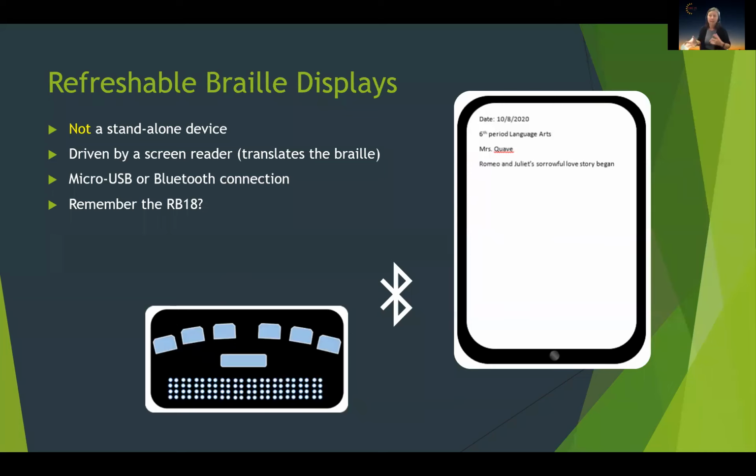So there's a variety of ways that a refreshable Braille display can work. And again, the screen reader translates the Braille. There's no internal translation happening on a purely refreshable Braille display. It has either a micro USB or Bluetooth connection. So there may be some devices out there that still need to be hooked into a computer via USB, or it's going to have Bluetooth.